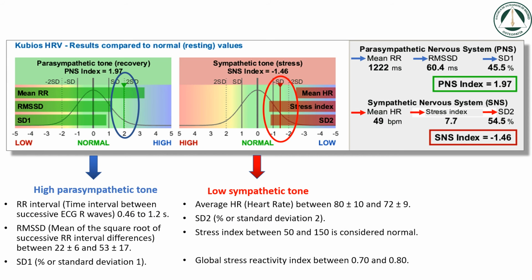Kubios software graph results. Normal values are from resting measurements. Therefore, exercise or stressful situations are expected to produce a higher heart rate and a lower HRV, heart rate variability. The parasympathetic, PNS, and orthosympathetic, SNS, system indices are calculated to provide an overall measure of these nervous system activities, compared to normal resting values.